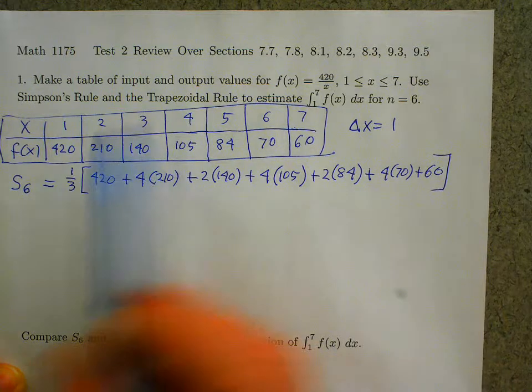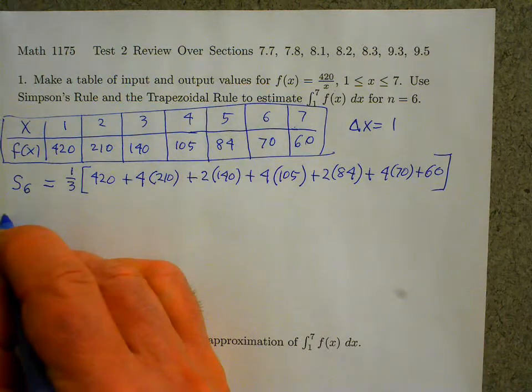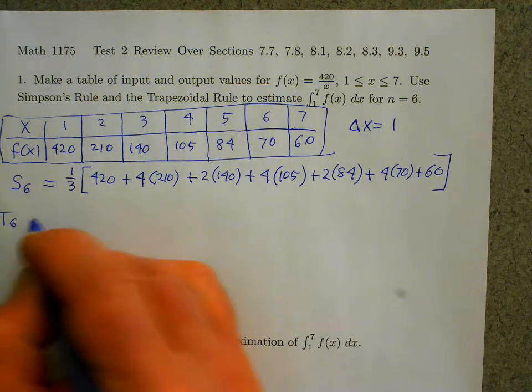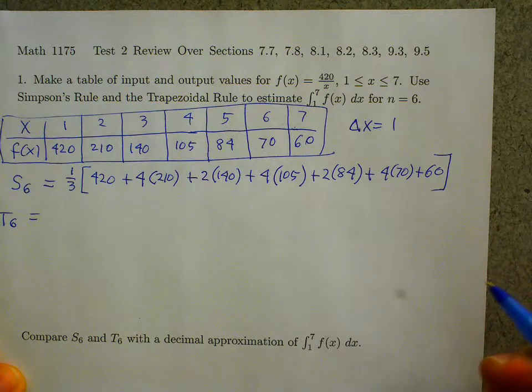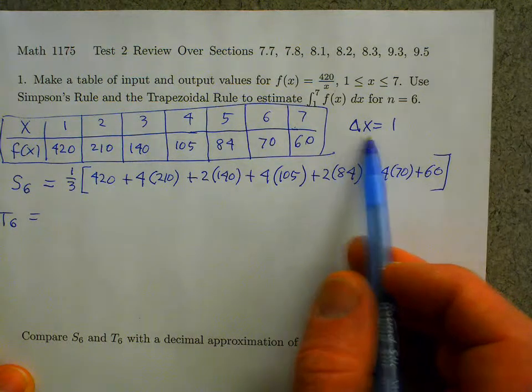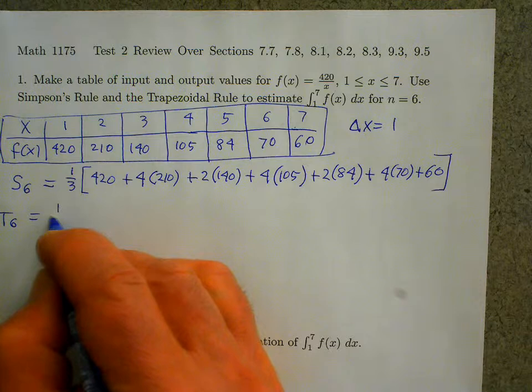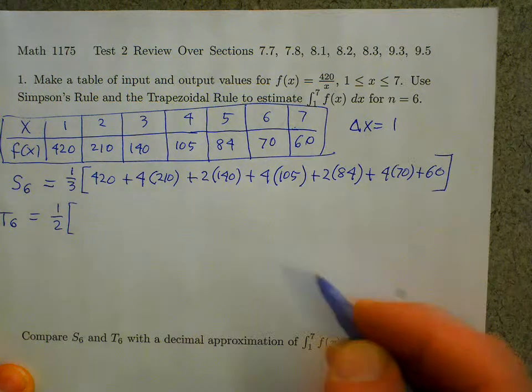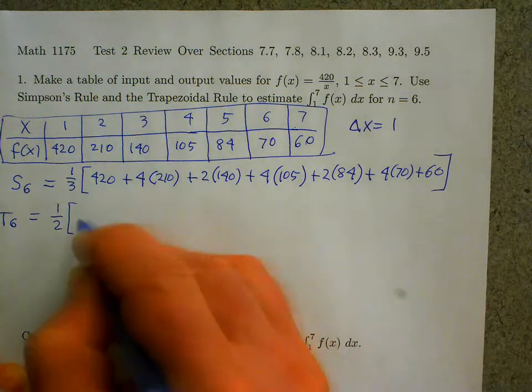Then the trapezoidal rule. So T sub 6, out front for the trapezoidal rule, we have delta x divided by 2. And since delta x is 1, we have 1 divided by 2. And then f of 1 is 420.